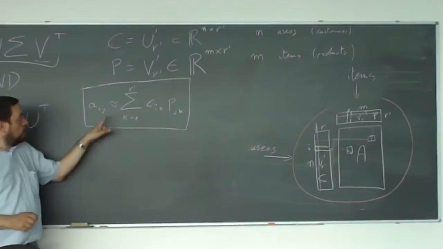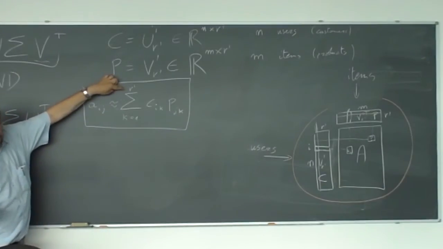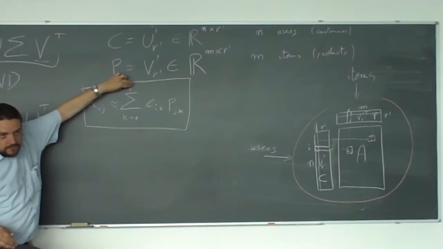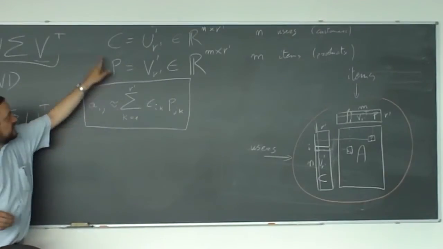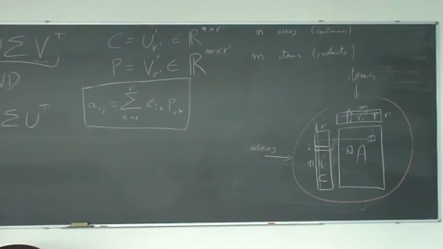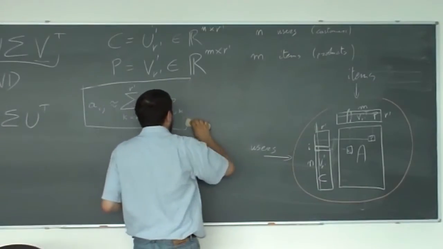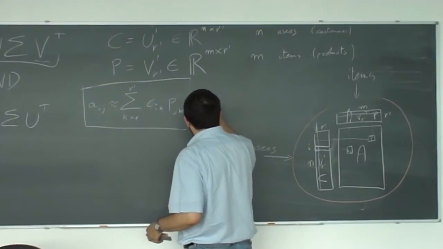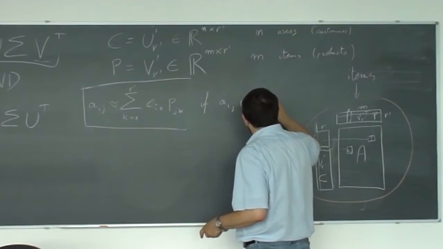But of course, why does it approximate it? Just because I truncated them to R prime columns. If here I put R, then this is an equal sign, if C and P are computed by SVD. But of course, I can say this only if Aij is defined.